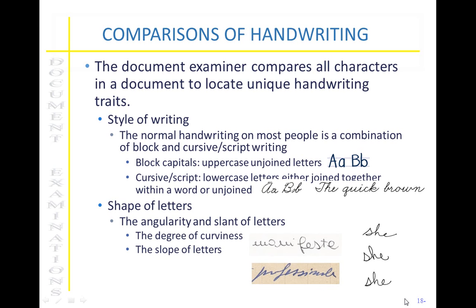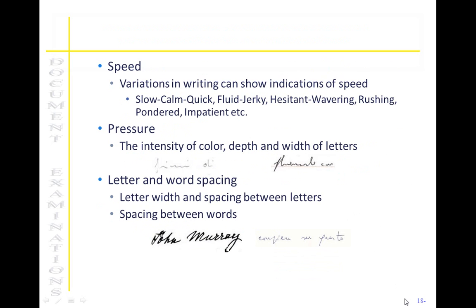The shape of the letters can also be very important to note. The angularity and the slant of the letters, the various degree of curviness and the slope of the letters themselves. And you can see from these few examples that I have on the slide, handwriting can have a lot of variance to it. The speed of a person's writing can also come into play.